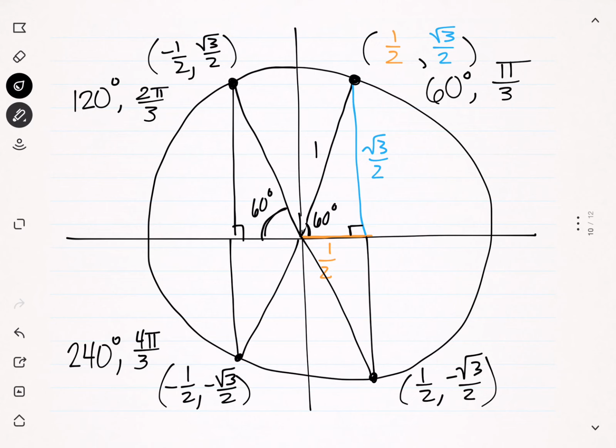And then lastly, here in quadrant 4, I want 60 degrees less than 360, so that's going to be 300 degrees, and 60 goes into 300 5 times, so we're going to multiply pi over 3 by 5. So 5 pi over 3 radians.